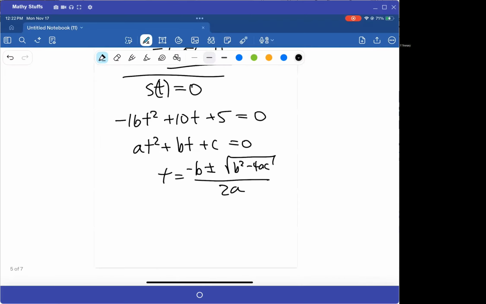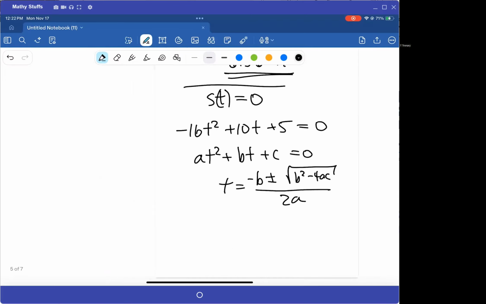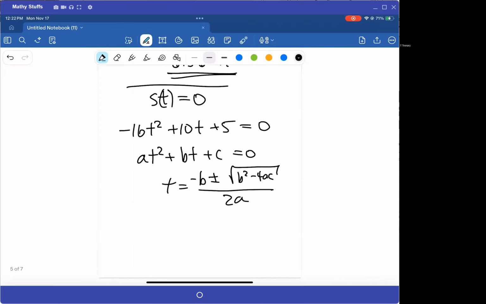One of those roots is going to be the negative time when the thing would have left the ground to get to that initial 5 foot height. And that's not what we're concerned about. We're concerned about the larger positive time after the thing's flown up and come back down.